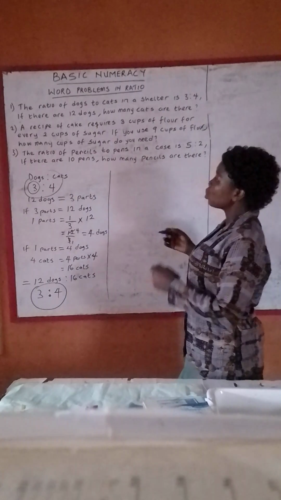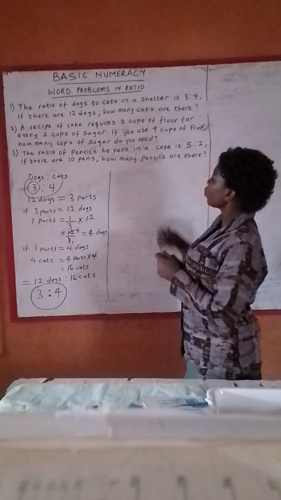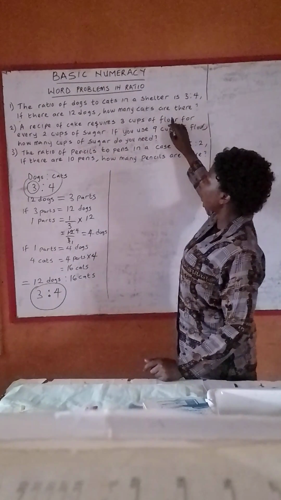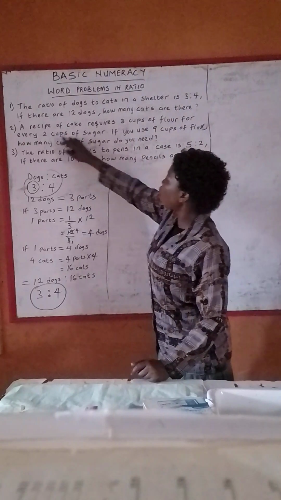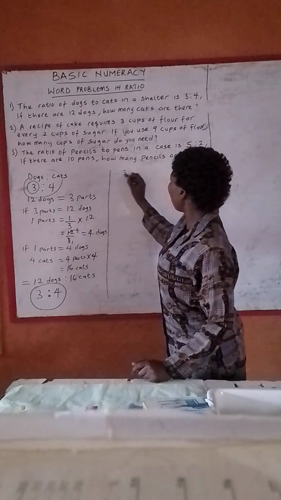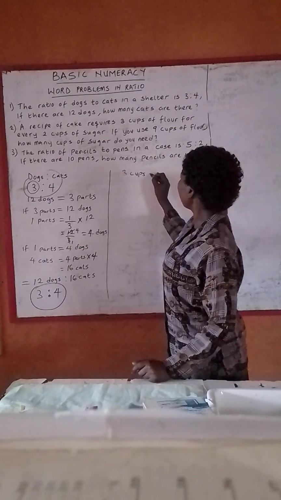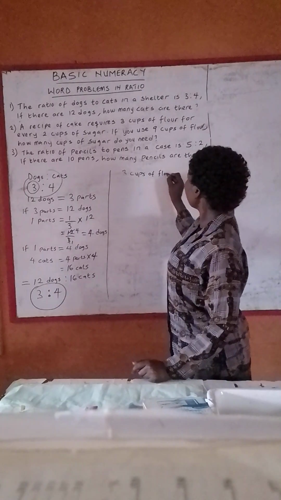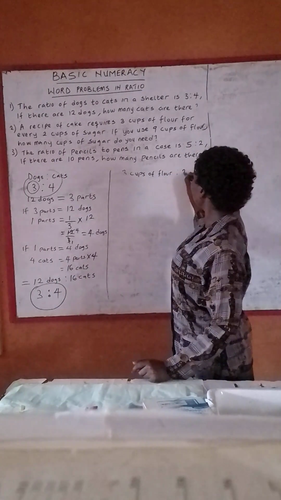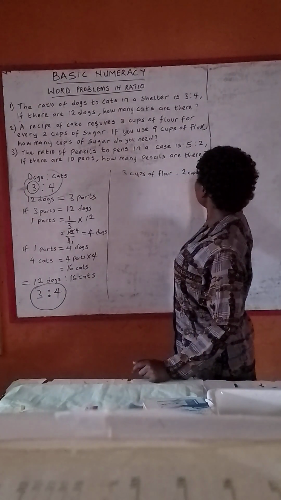Now let's move to number 2. A recipe of cake requires 3 cups of flour for every 2 cups of sugar. 3 cups of flour into a ratio of 2 cups of sugar.